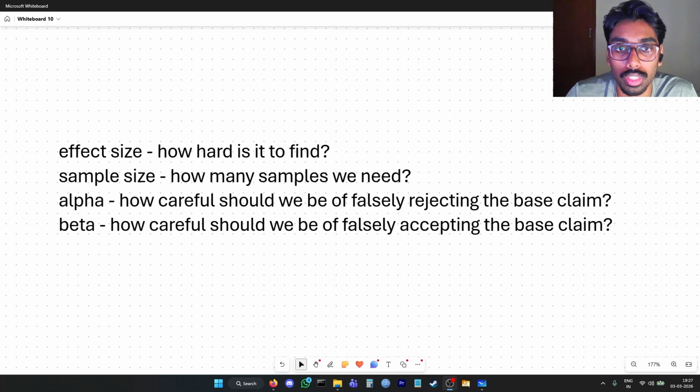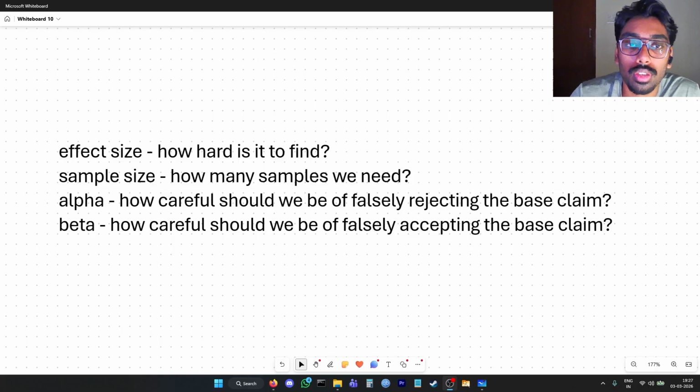The newer medicine does not have a significant change from the older medicine. And suppose we falsely reject the base claim, saying that the older medicine is not as good as the new medicine, so the newer one's better, so our statistical study is a success. If we falsely reject the base claim, like I said, then we're going to have a problem, right? Suppose the new medicine does not actually work that much better than the older one, then we're making a mistake somewhere.